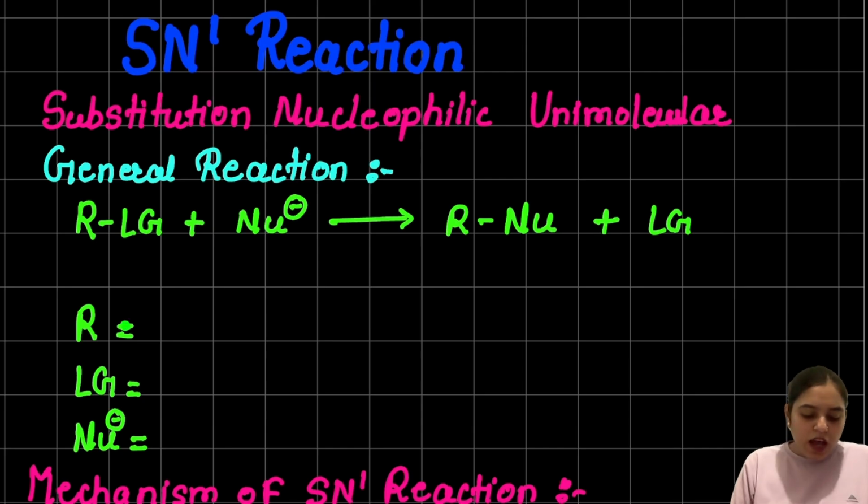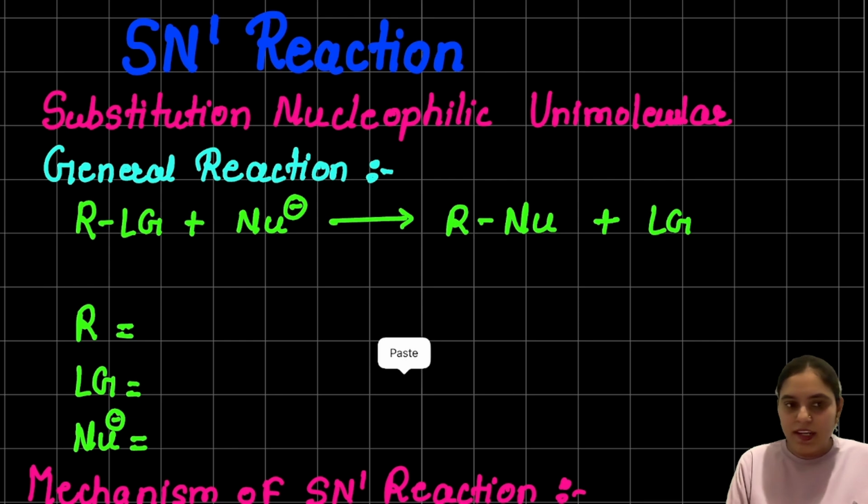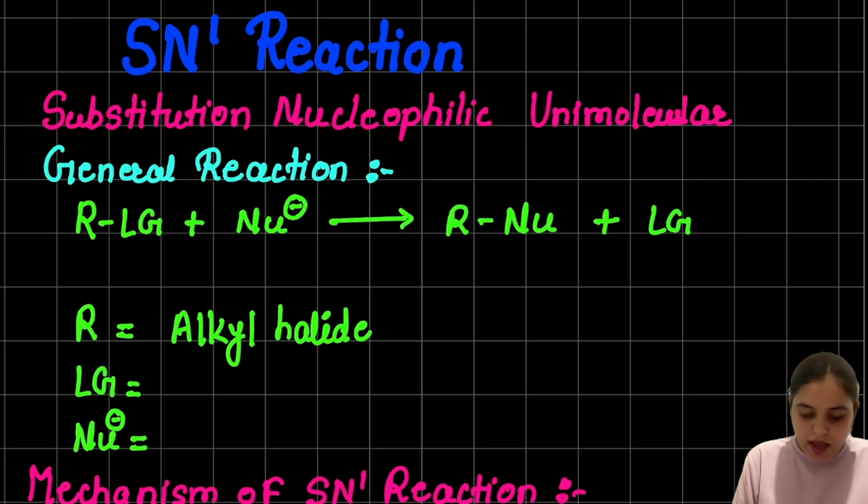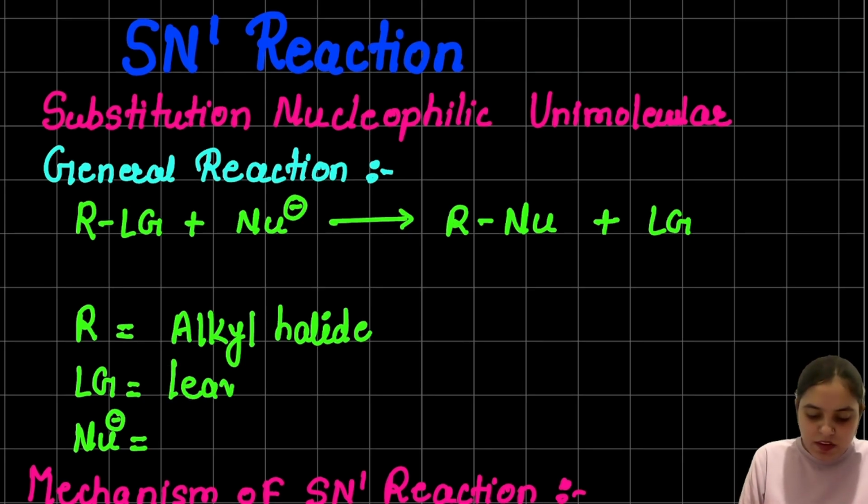So do you know about the R, Lg and nucleophile? R means any alkyl halide group, R represents the alkyl halide, and Lg means leaving group.